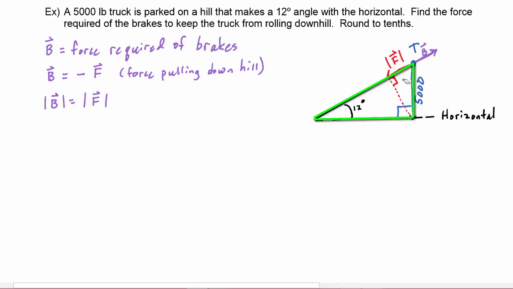We know we have a theorem that says the acute angles in a right triangle are complementary to each other. So that means this 12-degree angle is complementary to the angle here at T. Let's call it angle T.